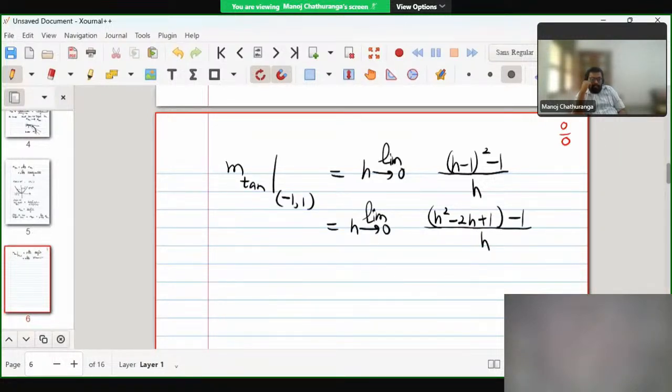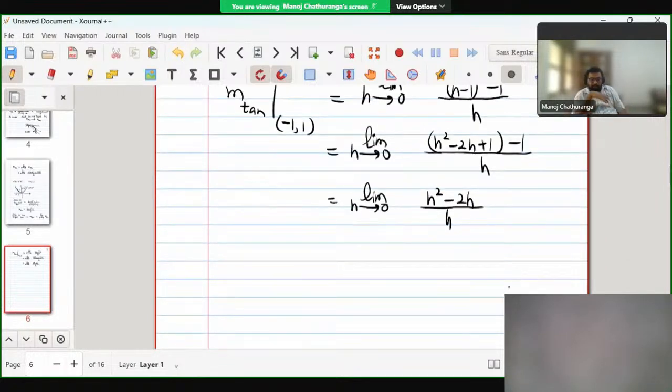We have a cancellation: 1 cancels with -1. Then what we have is h squared minus 2h divided by h. Again, we have h in common for both terms on top, so let's factor h.